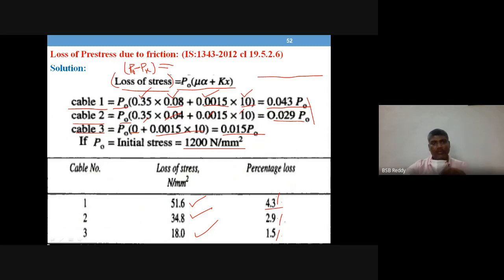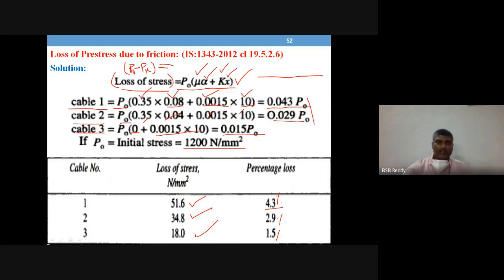So loss will be P naught minus Px. So P naught into mu alpha plus Kx is the simple formula to be used, and you have to find alpha angle from this parabolic equation, and K and mu values will be given to you. X, substitute for the length of the cable, 10 meters.